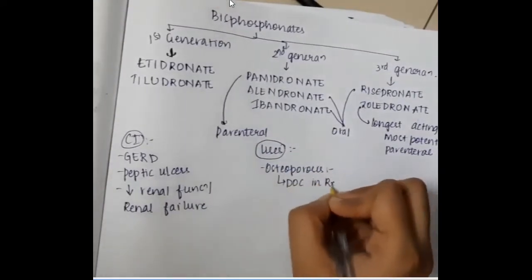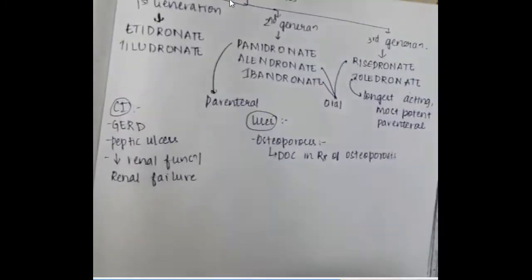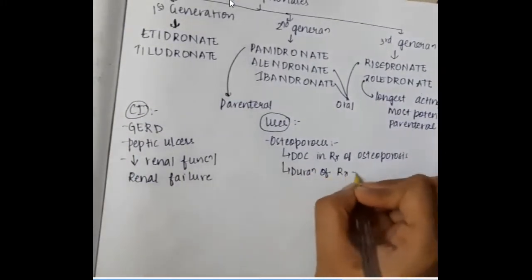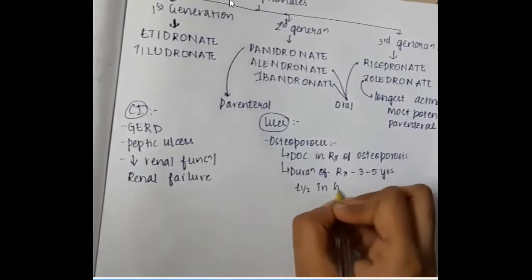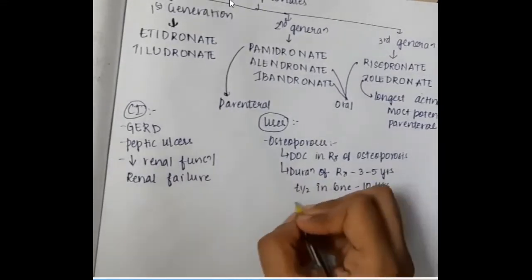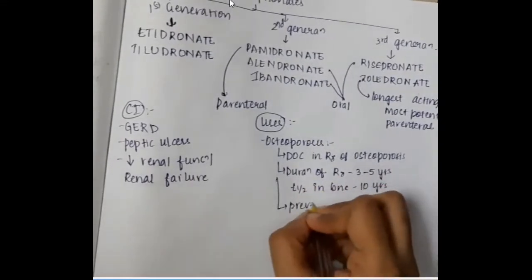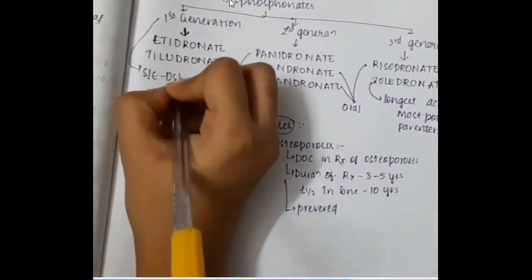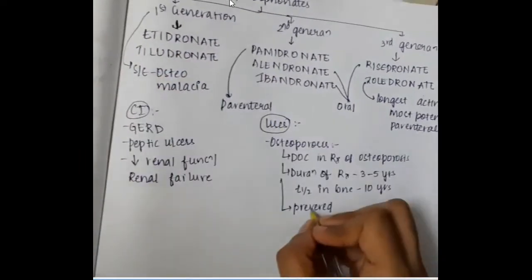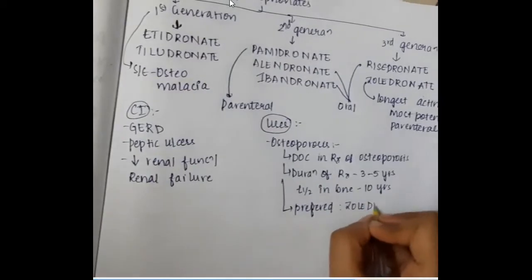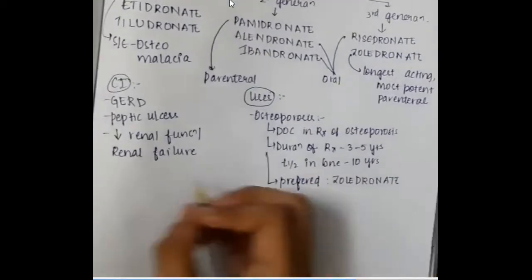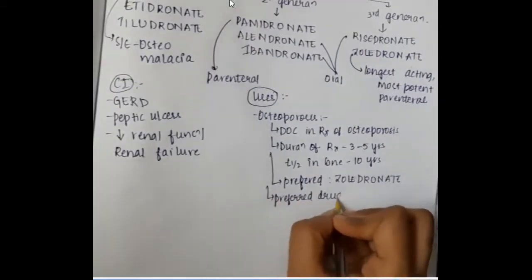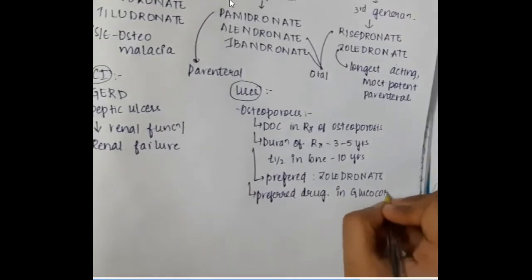Uses are, they are actually the drug of choice for the treatment of osteoporosis, and they are given for a duration of 3 to 5 years. Half-life in the bone is 10 years, and among all these bisphosphonates zoledronate is mainly preferred because it is long acting and most potent.